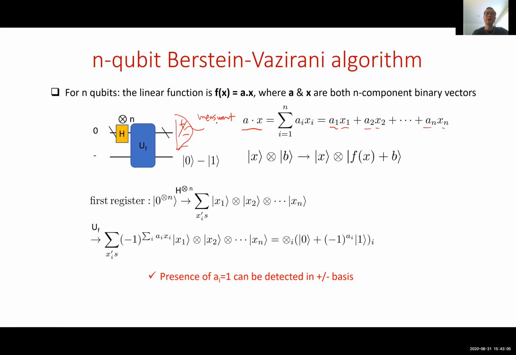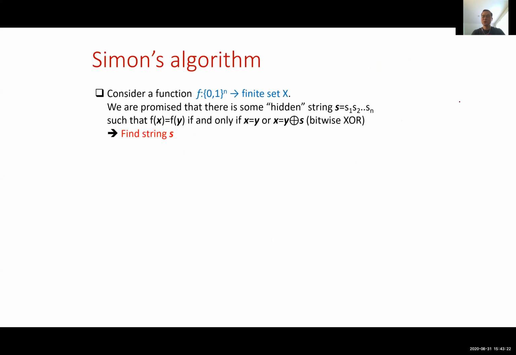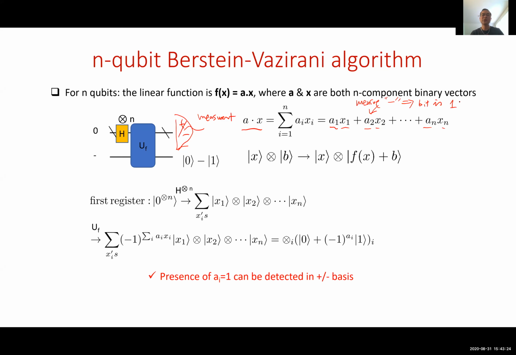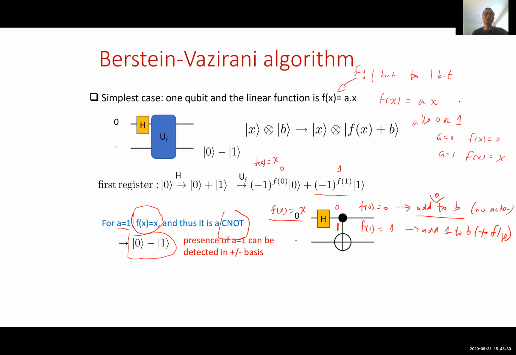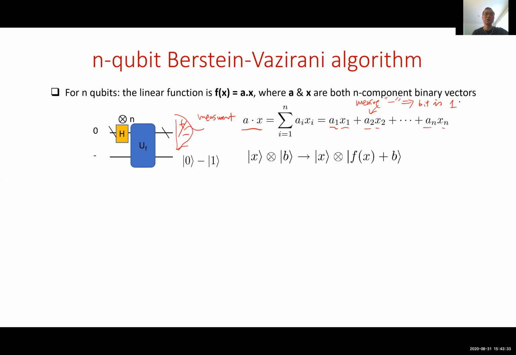If you read out a minus, that means the corresponding bit is 1. Okay. So that's the generalization. If you don't understand the n bit case, you should go back to the 1-bit case, and then you will understand the n bit case.